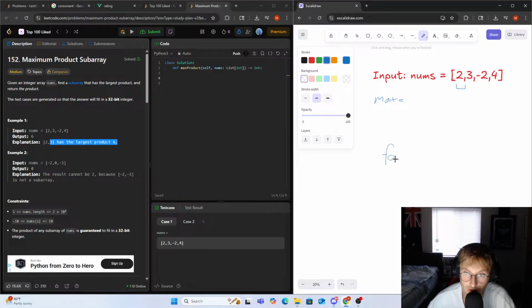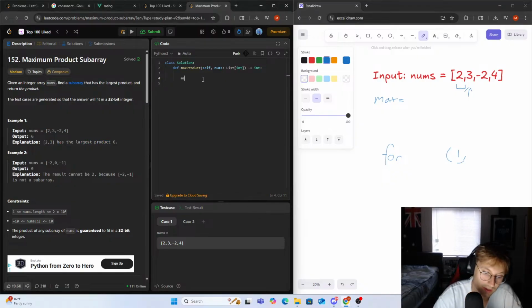Probably gonna loop through with a for loop, going from the first value here, I would assume, because we're probably gonna look at this value already, so we're gonna add on from where we're currently at. That's why I'm saying we start from the first value.